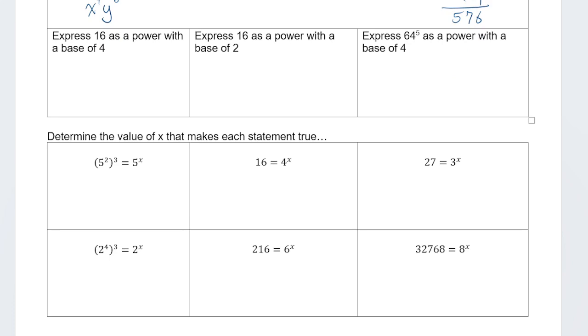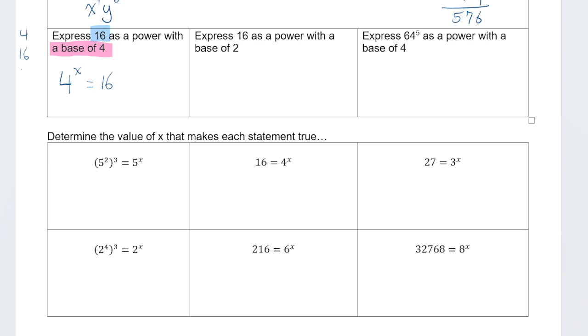All right, now we've got a different question. We need to express the answer 16 as a power with a base of 4. So a base of 4 means that we have 4 to the power of something is 16. Now, how would we go about doing that? Well, for me, I would just look at powers of 4. If I do 4 times 4, that's 16.